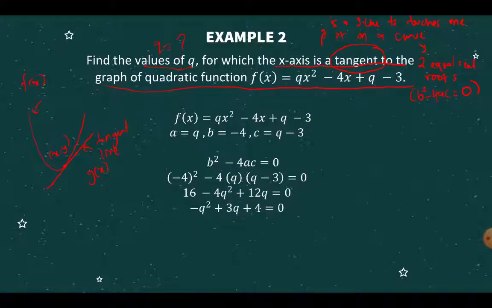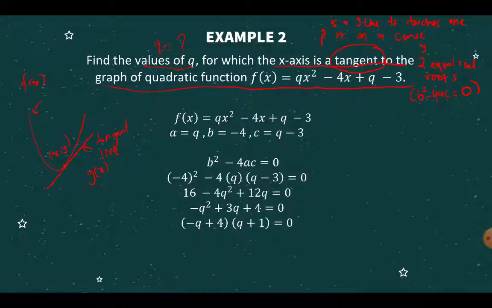As we can see here, at first our q squared term is negative 4. As we can see, 16, negative 4, and 12, we can simplify with multiples of 4. So we divide the whole equation by 4. So we have negative q squared plus 3q plus 4 equals 0. Then we solve the quadratic equation by using either factorization, the formula, or completing the square.